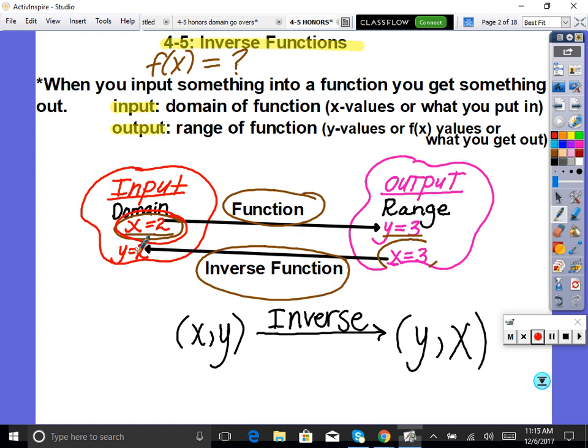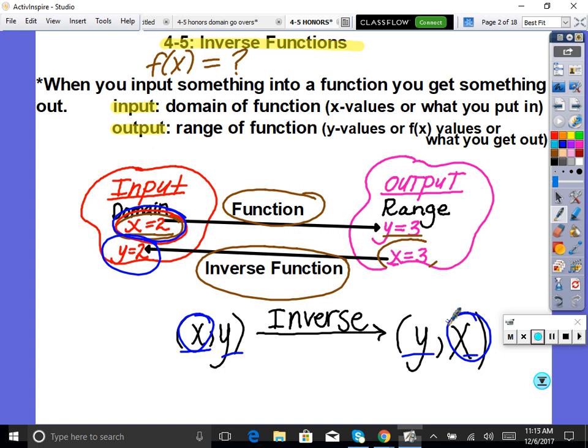So what I meant to say was, of the original function, if we get x equals 2, and we're plugging that in, then that is going to be equivalent to the output on our inverse. Does everybody see? Okay, that's how I meant to circle it, like this. You see? So look, what that means is, if we have an (x, y) point on a function, the inverse function will be switching to (y, x). So look, the domain will be the range of the inverse. You see?